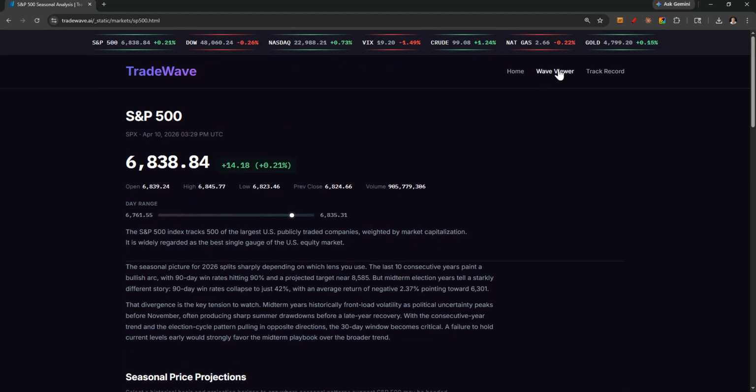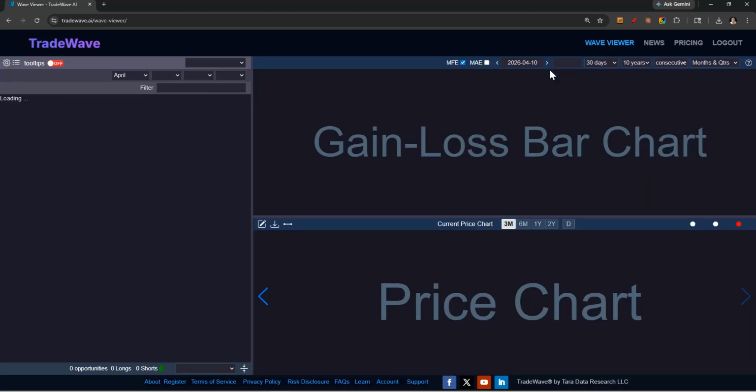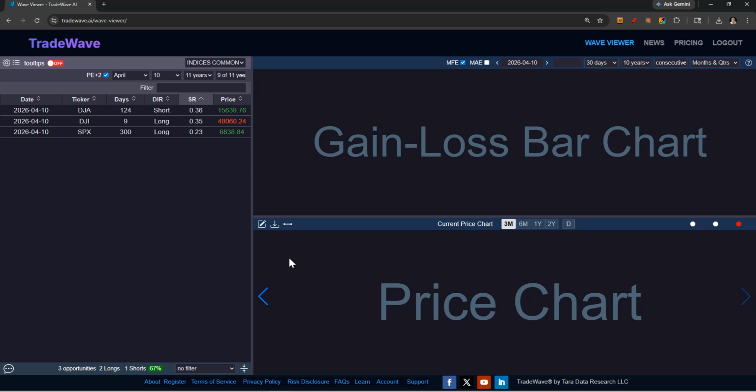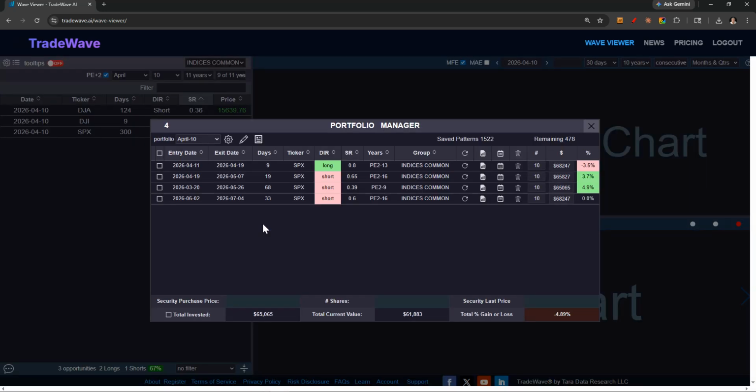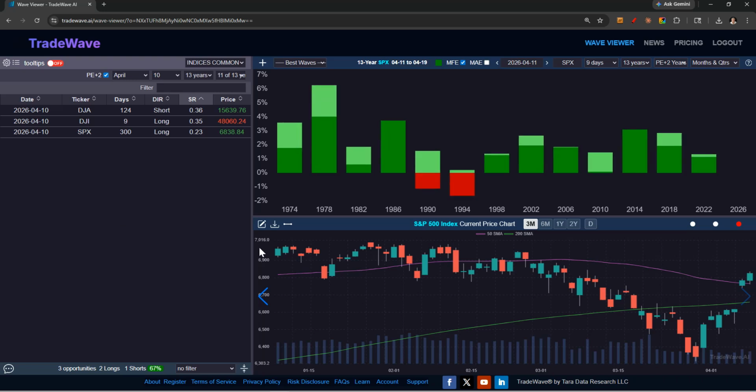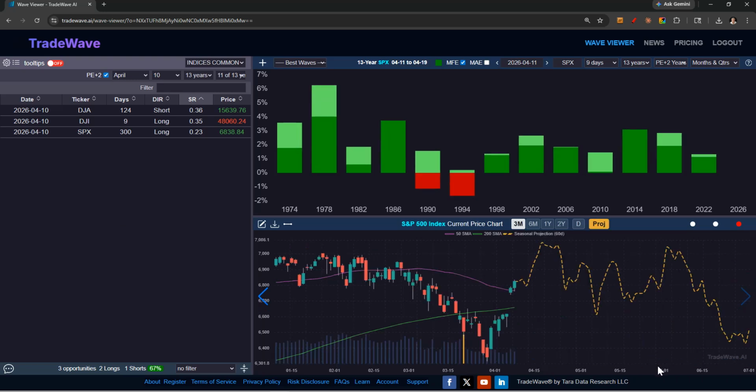Let's just go to TradeWave and look at it closely. Wave Viewer. I already have these loaded. So this is since 1974. Here's the projection. As you can see, there's an up move right here before the down starts.